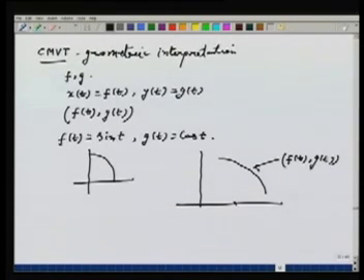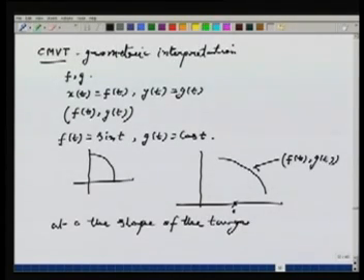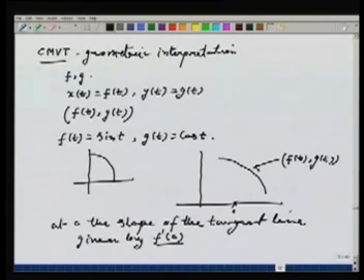Then it says there exists a point c where at c the slope of the tangent line, which is given by f prime c divided by g prime c, must be equal to the slope of the endpoints.